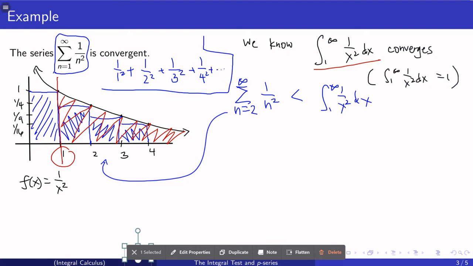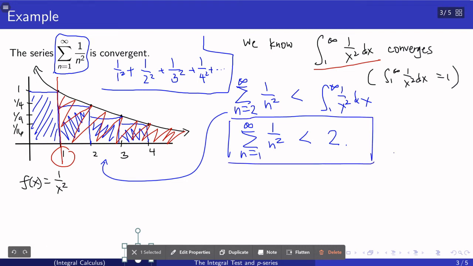But that's fine, right? I can just add 1 to both sides here. And I know the improper integral is actually equal to 1, so I get the inequality. This infinite sum is less than 2.